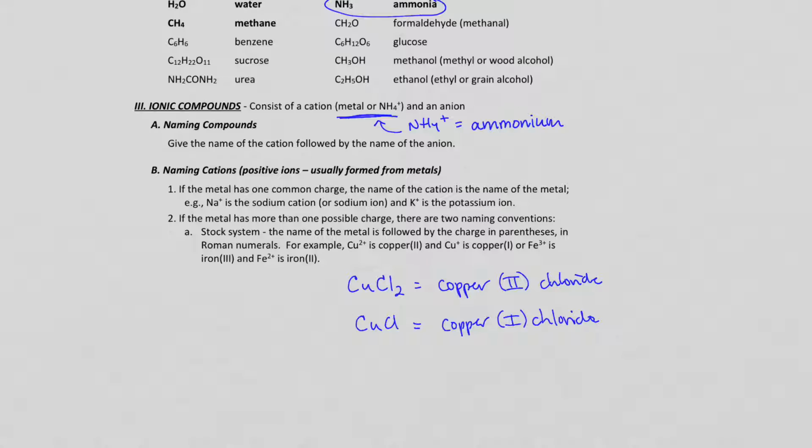And we know this because chloride is always a -1, that chlorine's a halogen, it's always a charge of -1 when it's an ion. If there's 2 of them, then the copper has to be a +2 charge. If there's 1 of them, that means the copper has to be a +1 charge, right? So this is always talking about the charge of the transition metal.